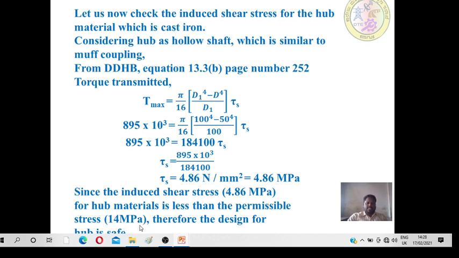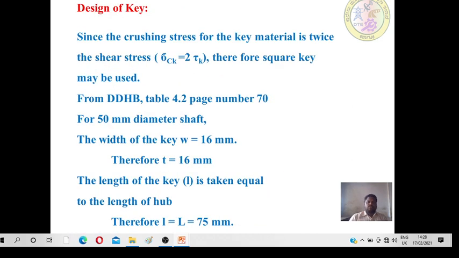Allowable shear stress is given as 14 MPa. Induced is 4.86. Therefore, since the induced shear stress is less than the allowable shear stress, the design for the hub is safe. That means the values we have considered for the hub are the safe values or satisfactory ones.